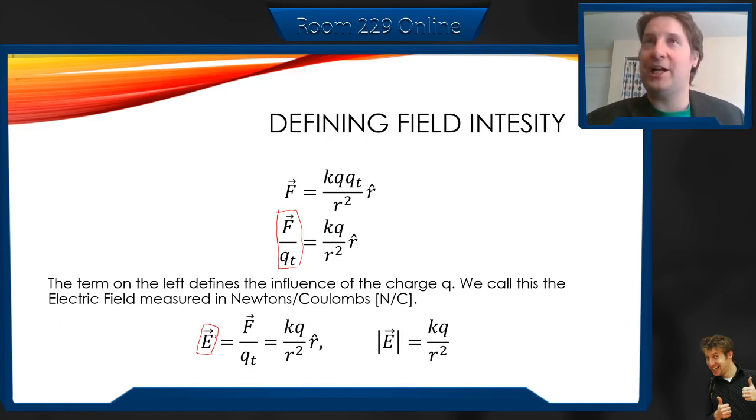Now be careful, this is not energy, this is an electric field. That's why when we did energy, I like to use K and U to differentiate, because E is usually used for the electric field. So the electric field is defined to be kQ over r squared, in the r direction. Or to make our life simpler, let's just take the magnitude, which is just kQ over r squared.